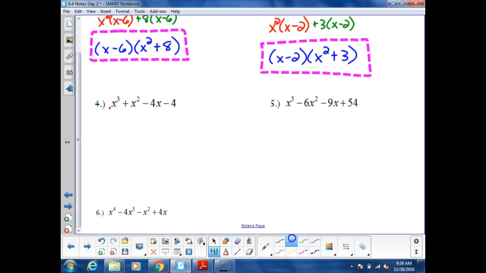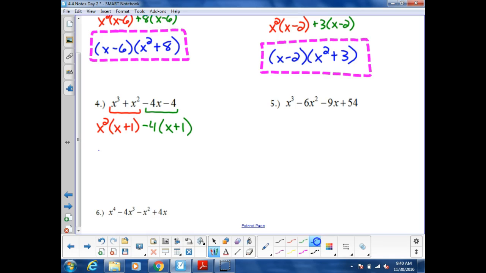This one? X squared. Left over? X plus 1. X plus 1. Very good. Negative 4. Left over? X plus 1.